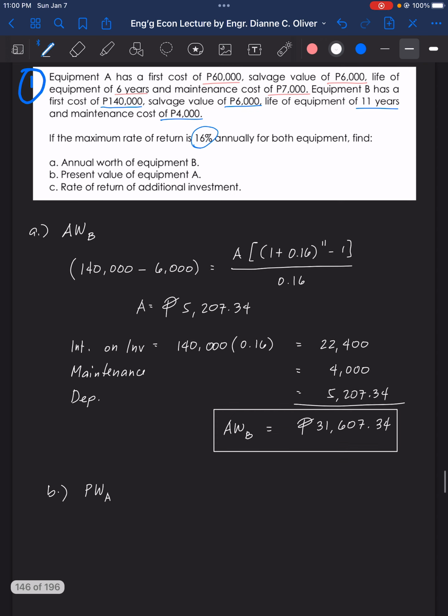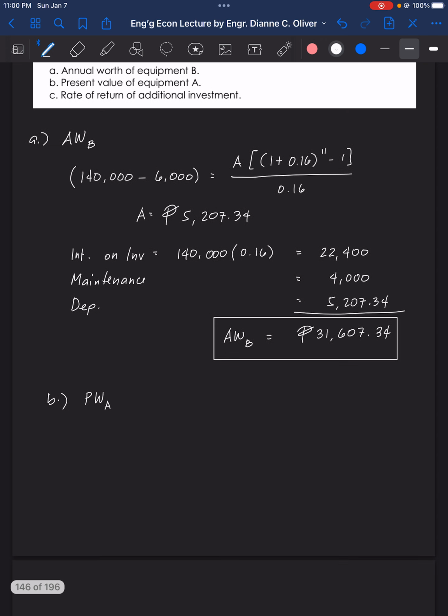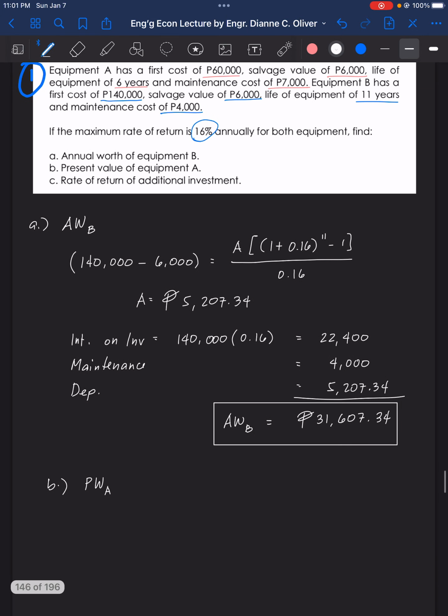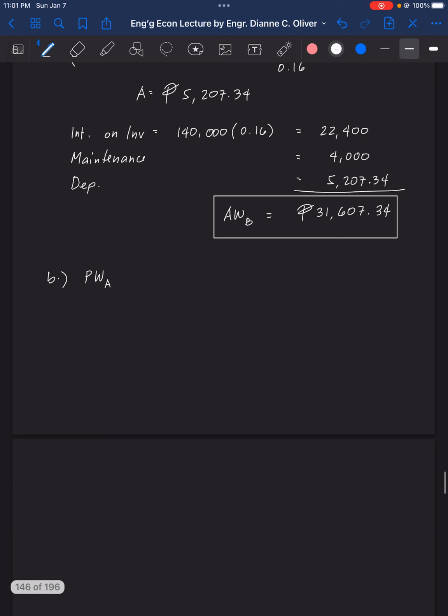So the salvage value is 6,000, that is a future worth, and we have the annual maintenance cost of 7,000. So what will be the present worth of the annuity using a 7,000 annual payment?